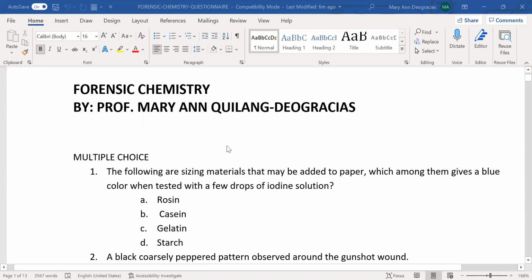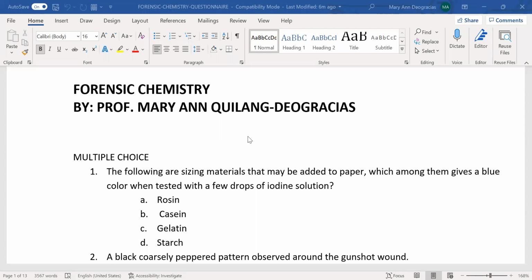All right, so welcome back guys. Nakita-kita na tayo nung nakaraan during our lecture. So we'll be having a 100 items questionnaire, and then I will explain to you why such answer is the correct answer.